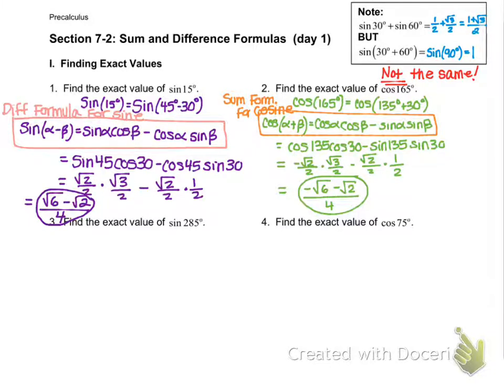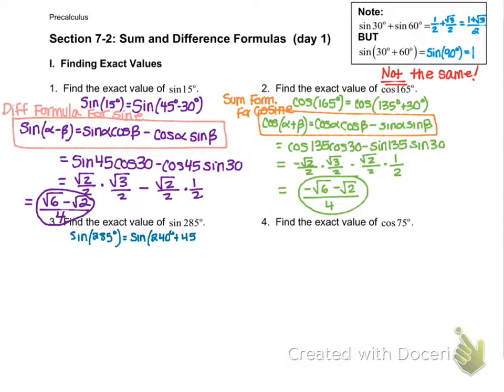For number 3, we're going to find the exact value for sine of 285. And what I think of first is that I can make sine of 285 degrees from taking sine of 240 and adding 45 to it.